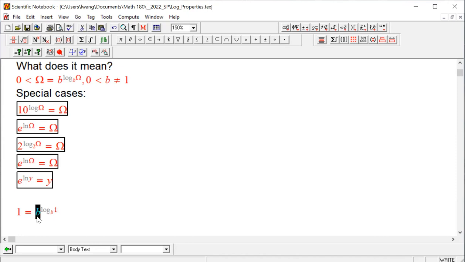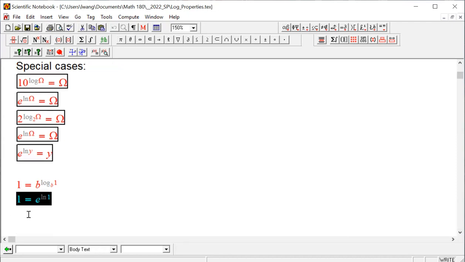And I can also use any base. I can use base e, ln, and they are identical. They're the same value. I can also use base 10, that's a common log, right? So this is the meaning.